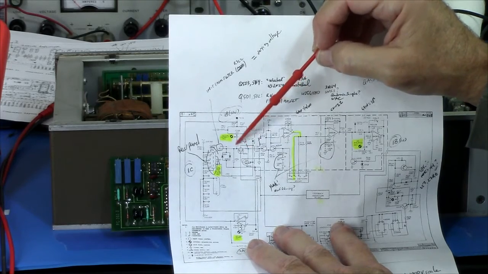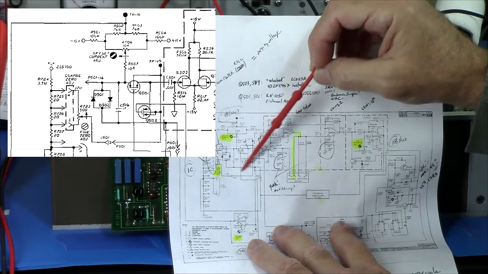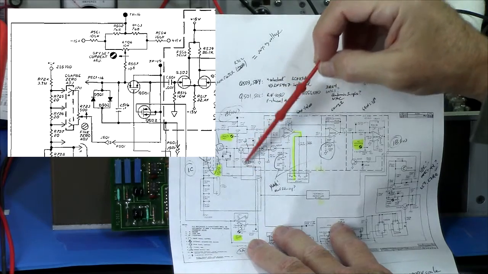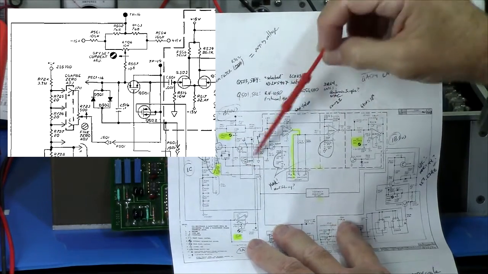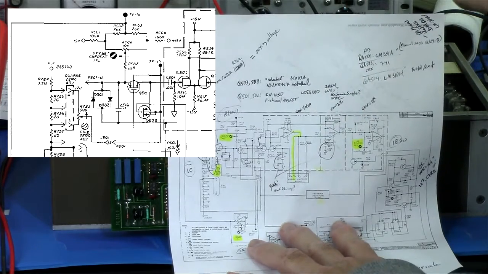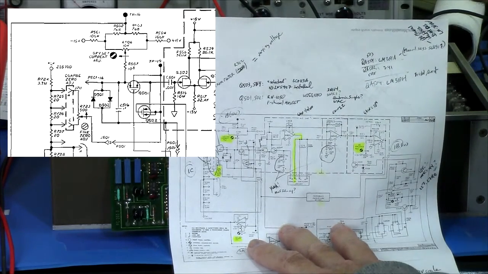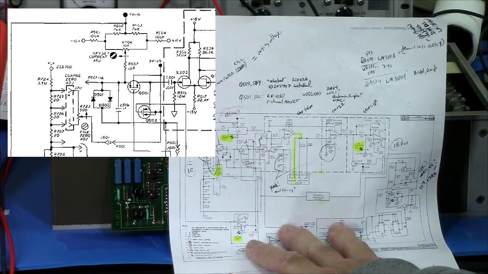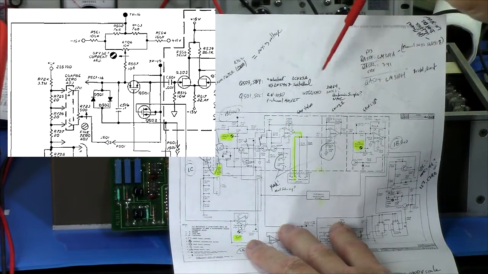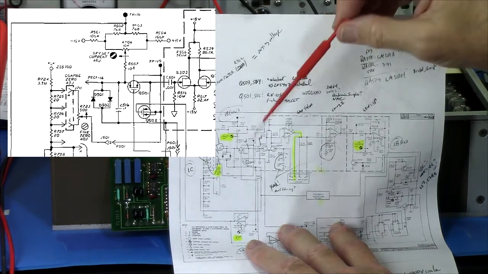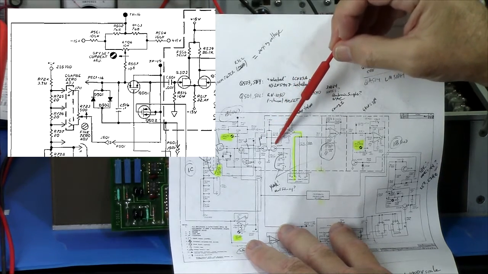I don't know. So there's these MOSFETs, which are switching MOSFETs. This is basically a chopper amplifier, which today would probably use one integrated circuit. Back in the day, they didn't have that, so they needed FET inputs.